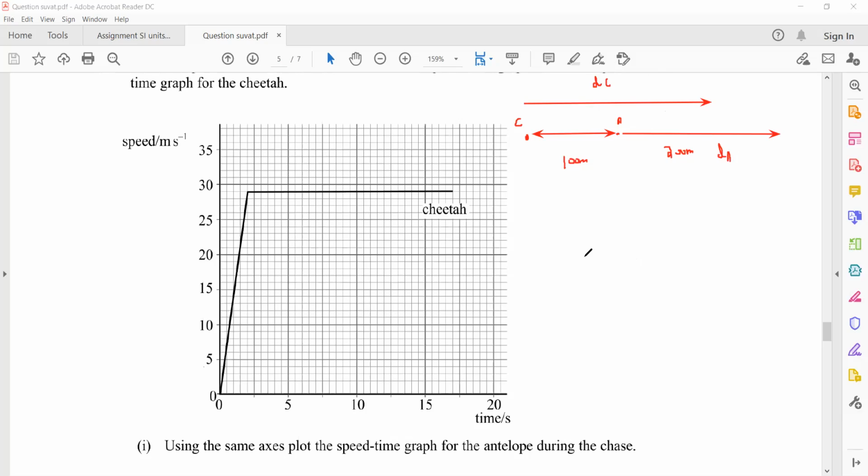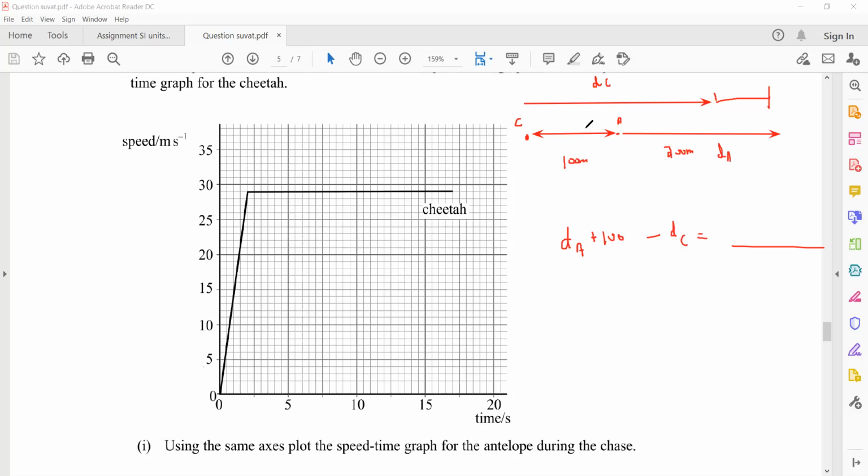So we will take a difference: the distance traveled by the antelope plus 100 minus the distance traveled by the cheetah will give us the difference between the two animals. Is this question clear?